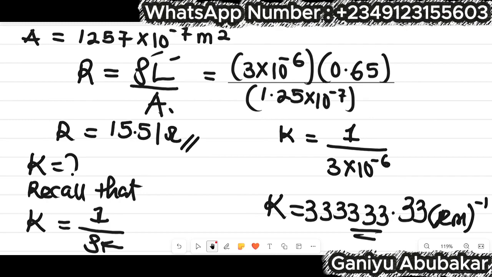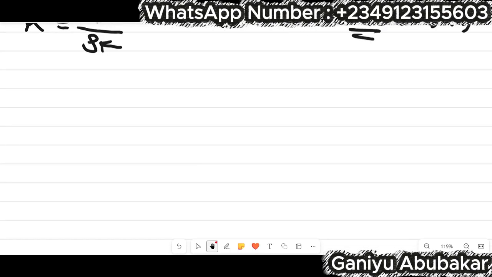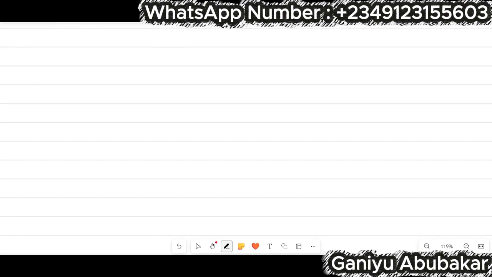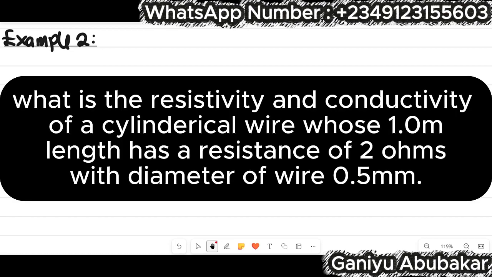Question 2, guys. Let's move on to question 2. Example 2 says, what is the resistivity and conductivity of a cylindrical material wire whose 1.0 meter length has a resistance of 2.0 ohms, with a wire diameter of 0.5 millimeter?